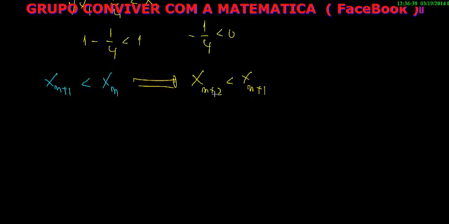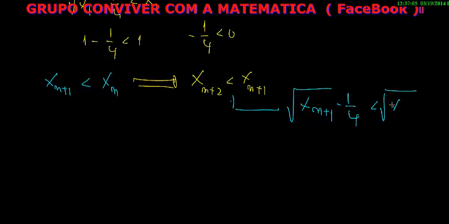Let's put an I in this part of the inequality, which is the same as to have x index n plus 1 minus 1 over 4 lesser than x index n minus 1 over 4.